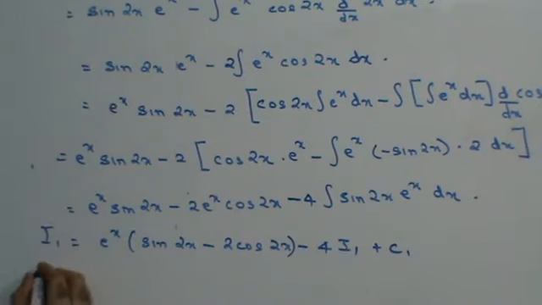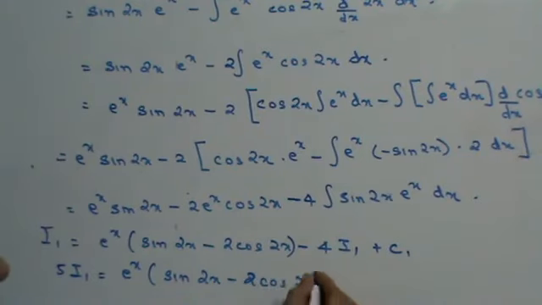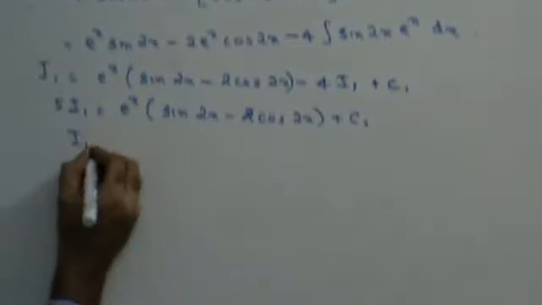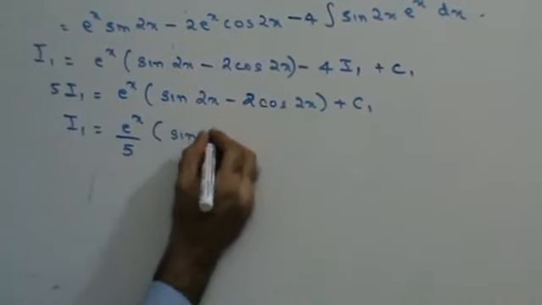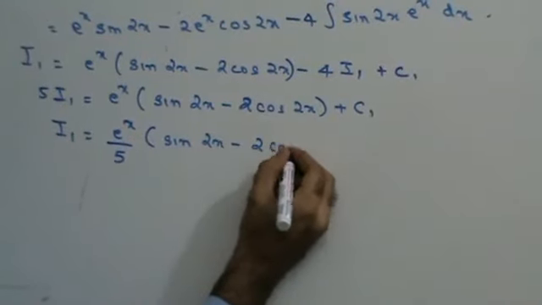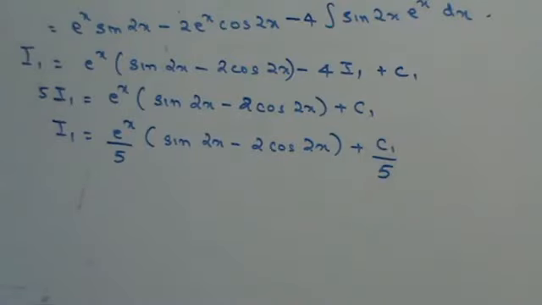Take the 4 I1 on this side, so you will get 5 I1 is e raised to x into sin 2x minus 2 cos 2x plus C1. Take 5 in the denominator, so e raised to x upon 5 into sin 2x minus 2 cos 2x plus C1 by 5.